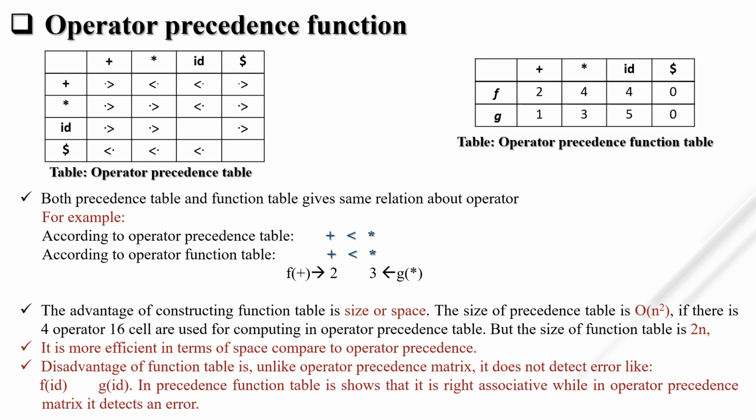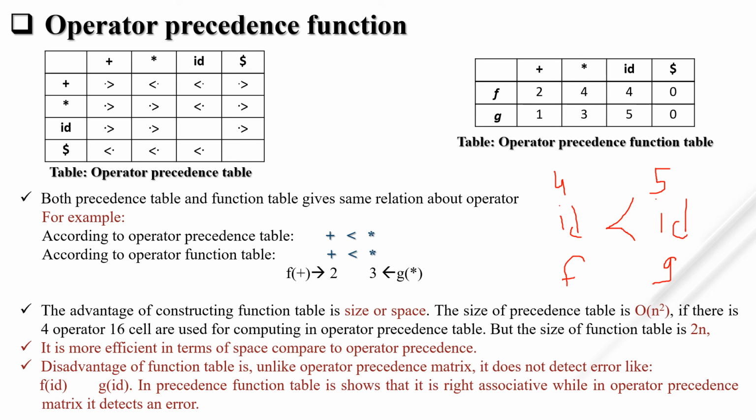But what about the operator precedence function table? Let's check. What is f of id? This id is considered as f and this id as g. f of id is 4. What is g of id? g of id is 5. So here there is a precedence. Even though it is an error, it still shows a precedence.